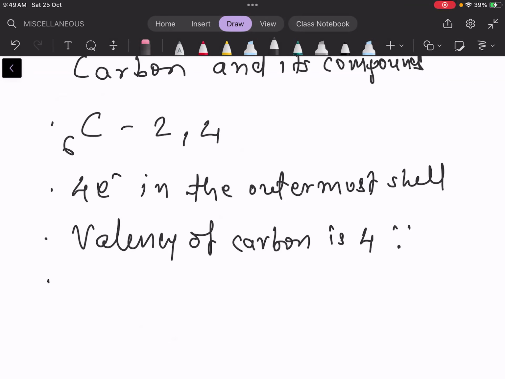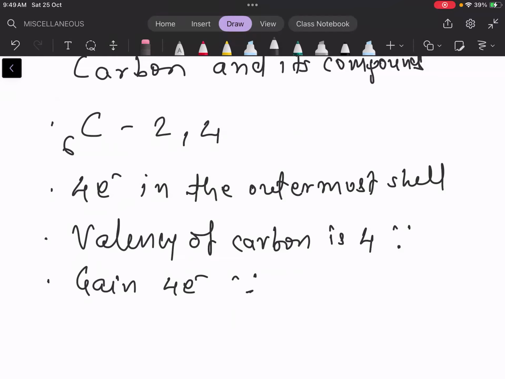It could not gain 4 electrons, since 6 protons will not be able to hold 10 electrons. Correct or not?